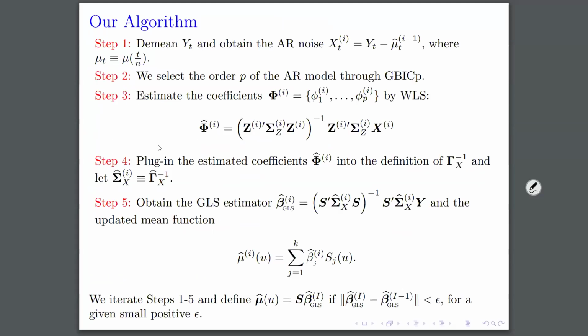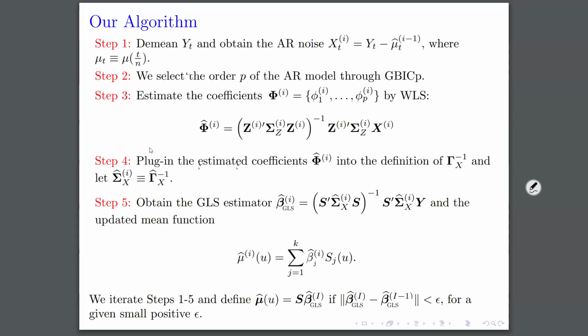So with all these components, we can finally go to the entire algorithm. In step 1, we will detrend our observed data YT and obtain the error noise XT. In step 2, we will select the best error model using the general IBIC with prior. And then we will estimate the error coefficients using weighted least square.